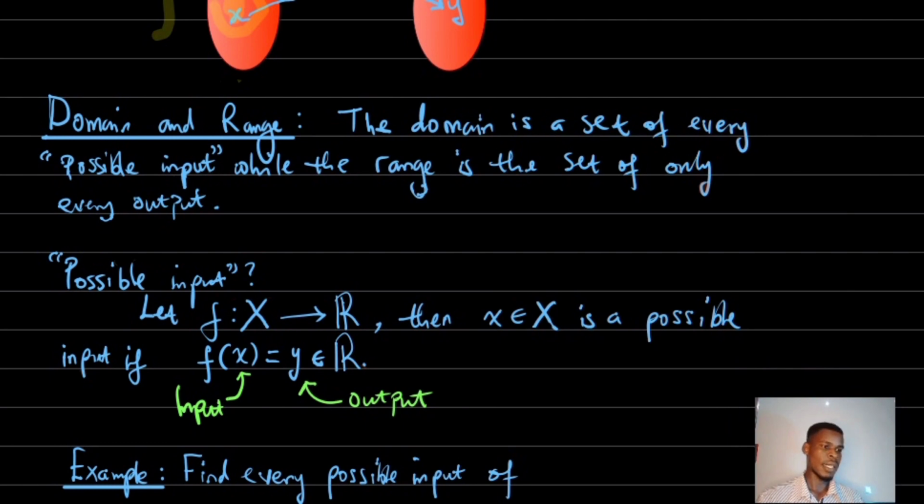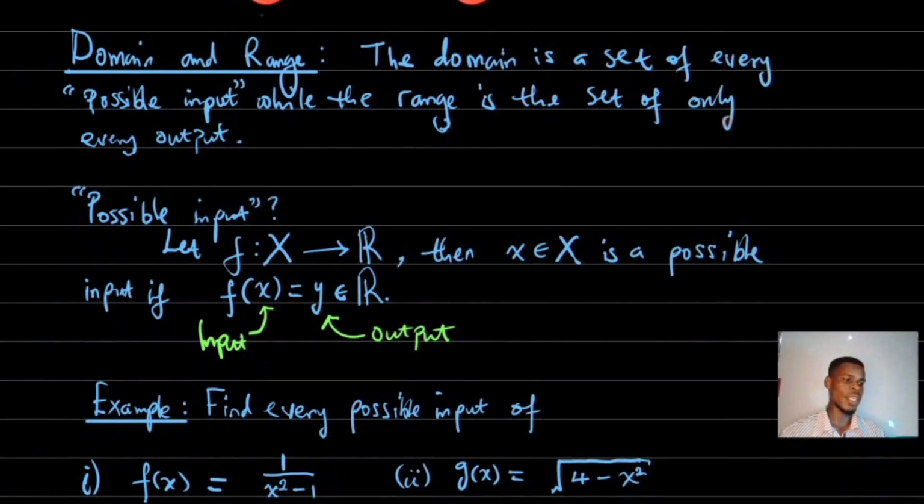Now, we have domain and range. When we talk about the domain of a function, the domain is a set of every possible input. Very, very important there: every possible input. So we need to talk about what we mean by possible inputs.